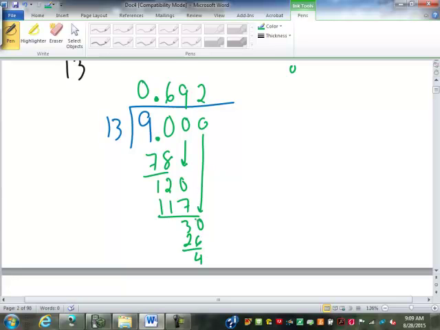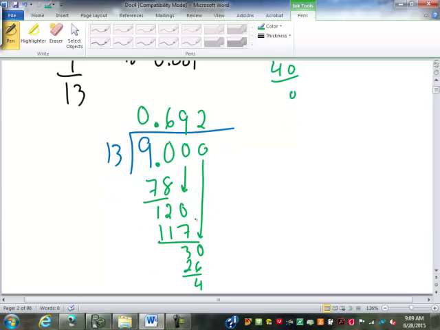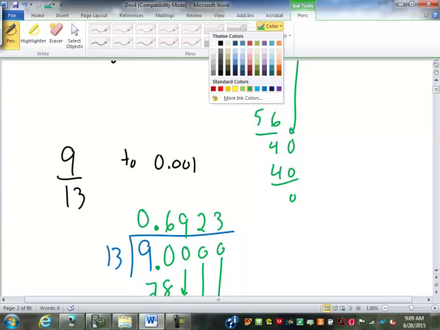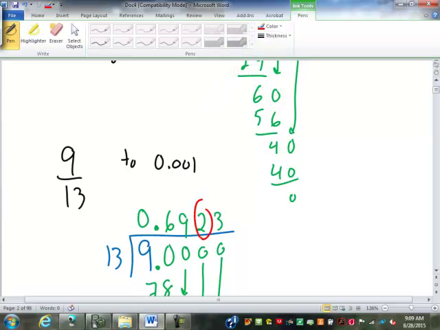That's 4. Are we done? We have to go one more. And the 40 would be 3 times. That'd be 39. Why do I go one more? Because to get to the nearest thousandth, I've got to know whether this stays a 2 or rounds up to a 3. The 3 here tells me it's going to stay 0.692.